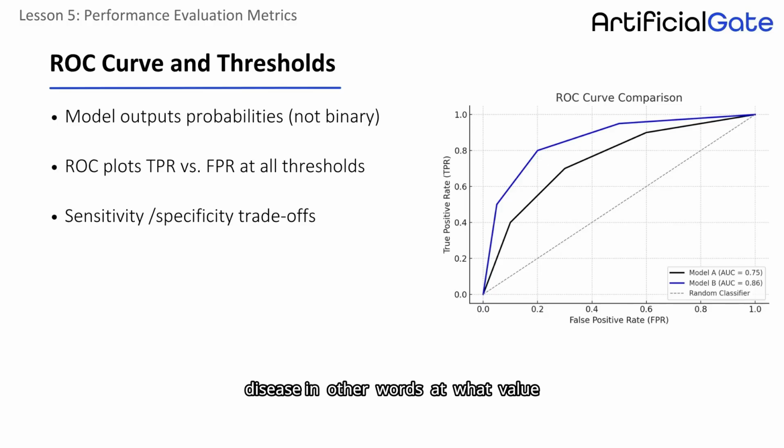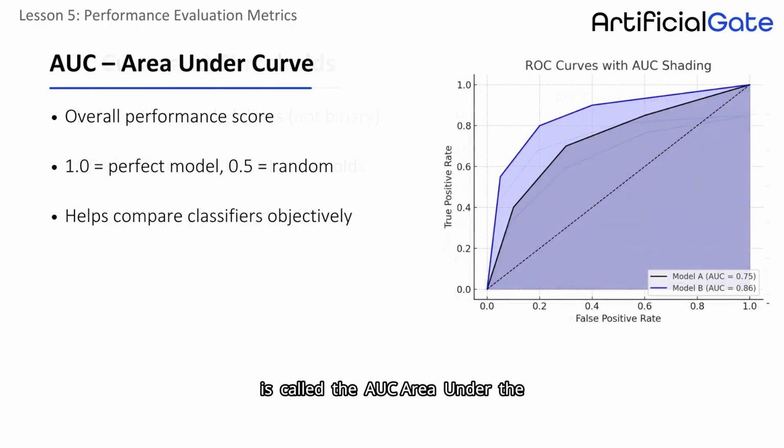In other words, at what value the result is rounded up to 1. Usually, a threshold of 0.5 is chosen, but in certain cases, we might try to lower it in order to identify more patients.